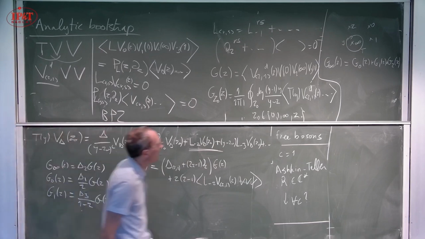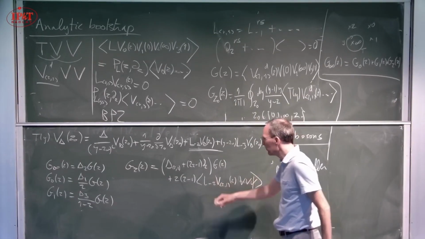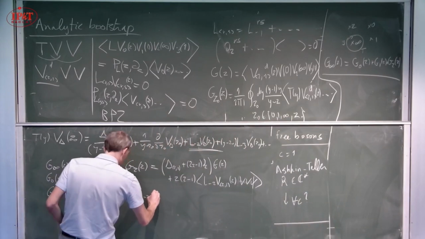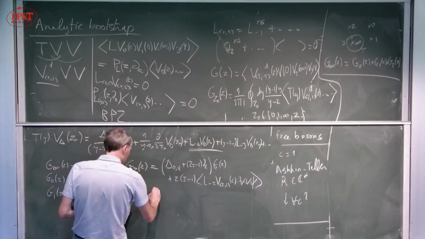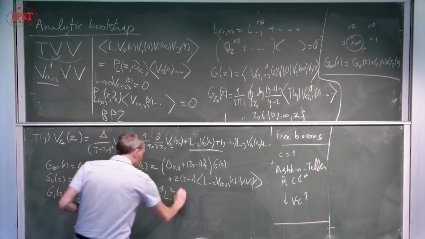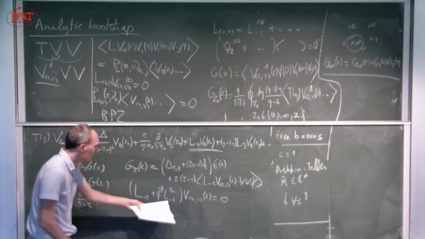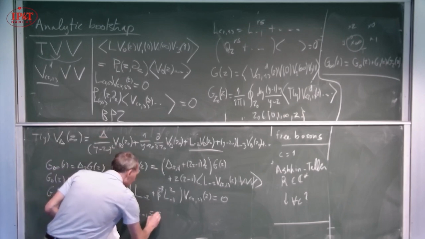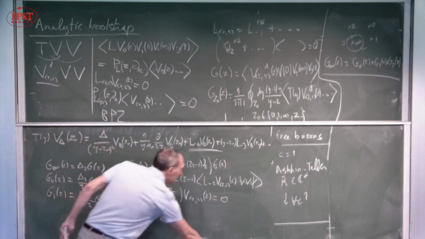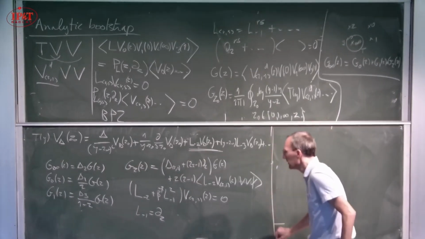Okay, so now we use this relation, and this will give us our BPZ equation. Because this L minus 2, since this is a degenerate field, we have L minus 2 plus beta squared, beta minus 2, L minus 1 squared, V21 equals 0. But then this L minus 1 is nothing but dz. So we get a differential equation, which I can write. Is there a minus sign?